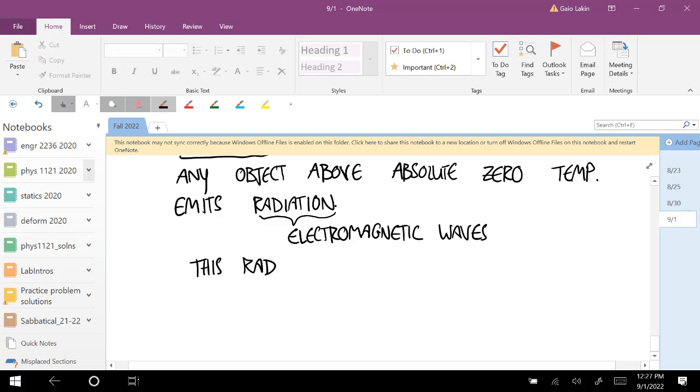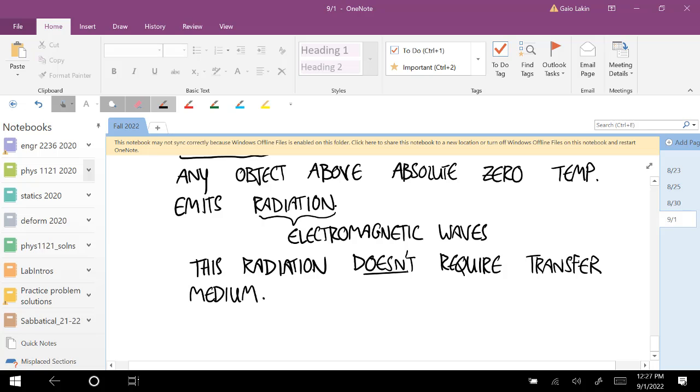This radiation doesn't require a medium to transfer. And so radiation can travel through a vacuum, and that's how we get all the energy from the sun.